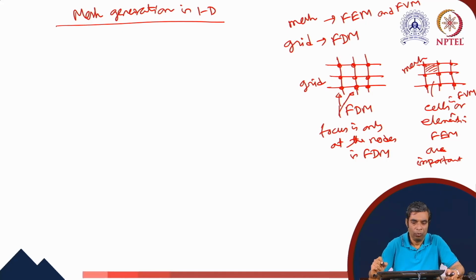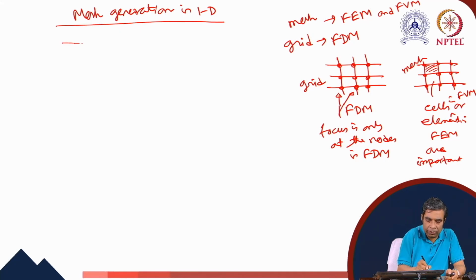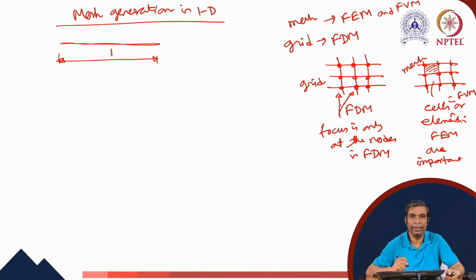Now, we go for the mesh generation in one dimension. So let us consider a bar of a given length. Let us take the length as 1 unit. We have to discretize this bar with a certain number of finite elements. So when we start the discretization of the domain, we fix our coordinate system.